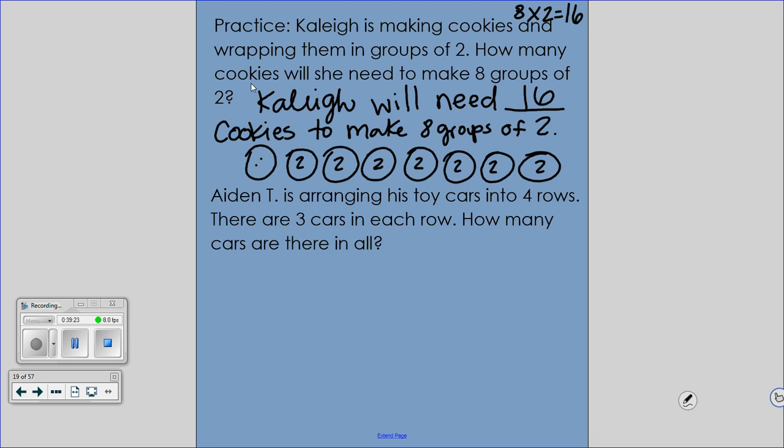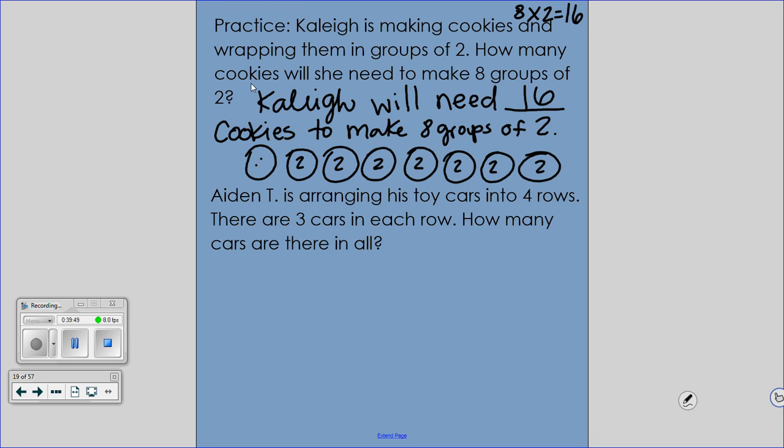Aiden Tracy is arranging his toy cars into 4 rows. There are 3 cars in each row. How many cars are there in all? I read the problem. Step 2 is what? You better not be drawing any circles, Aiden Tracy, because I got to do something before I start doing math.